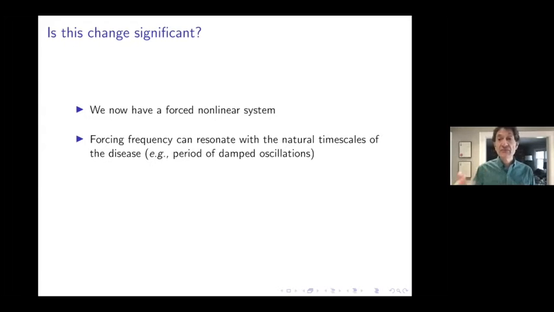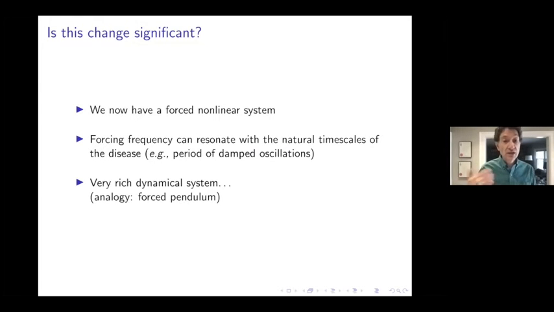And that can lead to very exotic behavior. We get a very rich dynamical system, similar to the way that tapping a damped pendulum, hammering it with a constant frequency, will cause very complicated behavior.